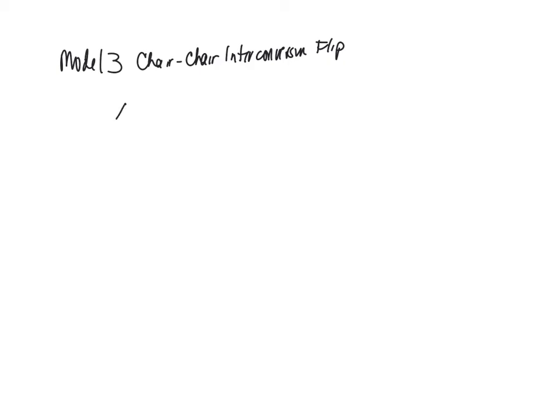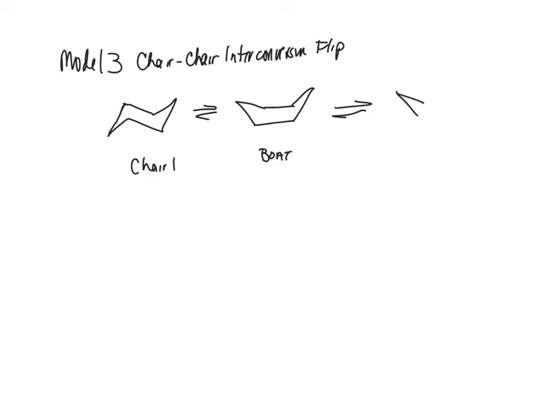If we draw the chair here, and I'm really not happy with that right there, this is chair 1, and then it goes through the boat. There's my boat. I'm only going to ask you to draw the chairs with the ring flips in your open response questions. Then this is chair 2.